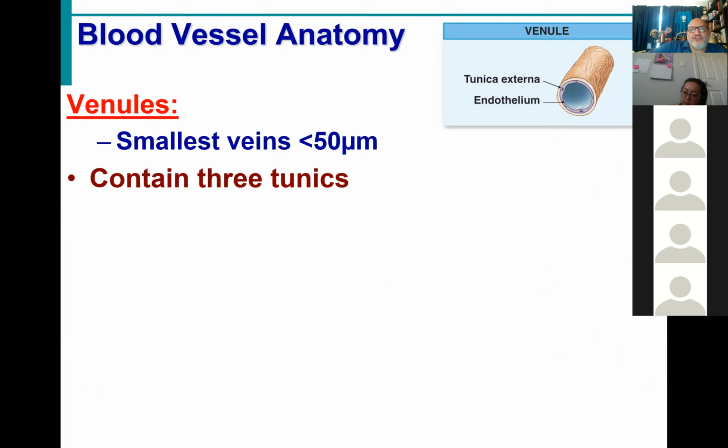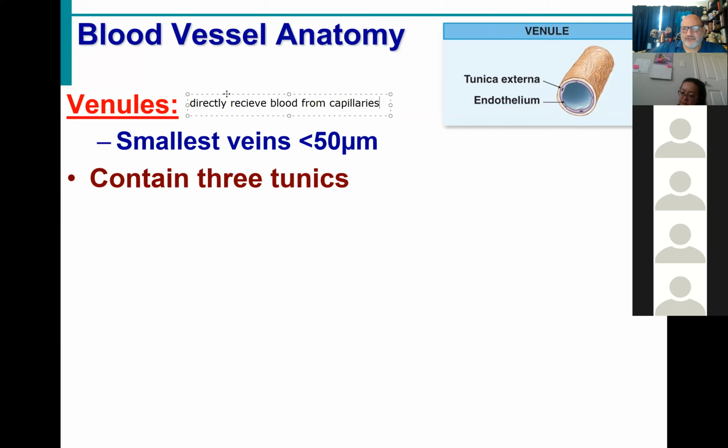And unlike arterioles, venules really are only defined by two things: their size and the fact that they directly receive blood from capillaries. Even though our picture doesn't do a good job of showing it here, they really do have all three tunics: externa, media, and interna.